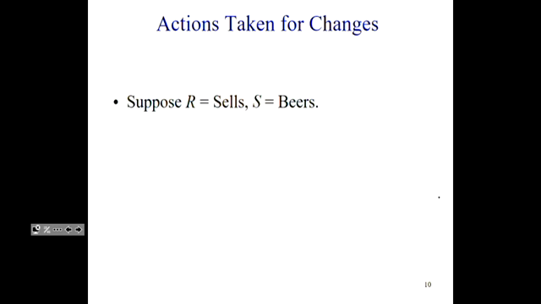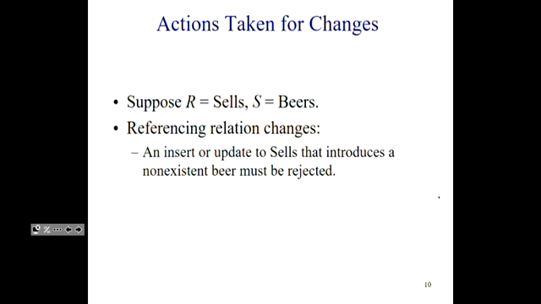When you make any changes to the referencing relation, so the referencing relation is R, then any insert or update to this referencing relation that introduces a non-existent beer must be rejected. Okay, so at least that's how this type of violation is enforced for foreign key constraints. So it's just going to reject that.